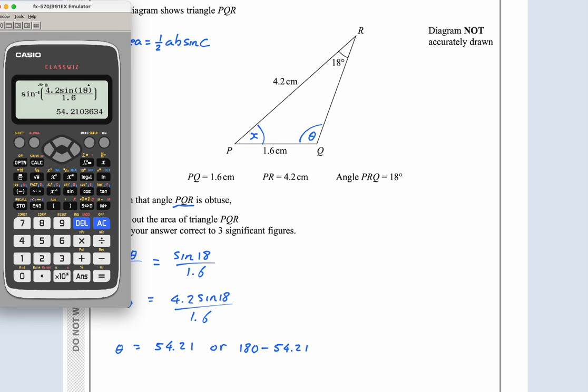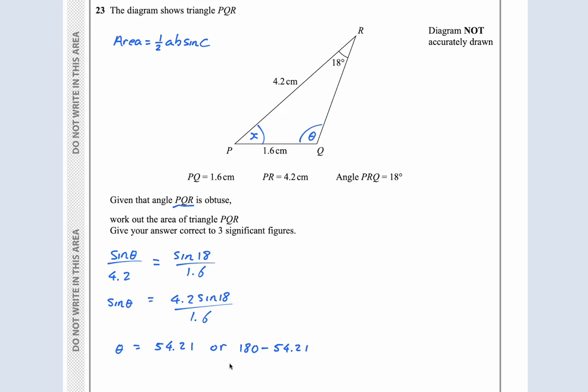And 180 minus 54.21 is 125.79. Now this is the angle because it's obtuse.